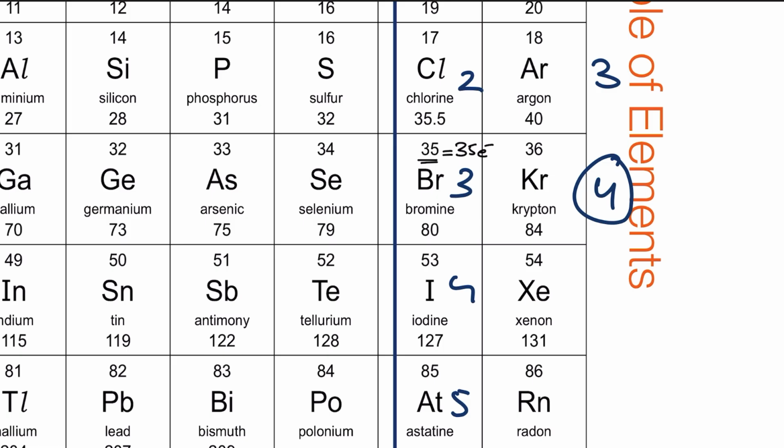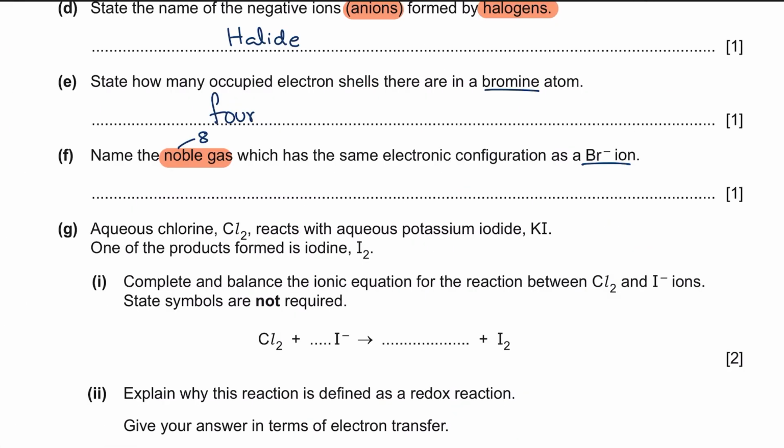If it was bromide, then the electrons would be 36, right? And krypton has 36 protons and 36 electrons. So the electronic configuration becomes equal to krypton's electronic configuration. So the bromide ion has the same electronic configuration as krypton. And again, they have said name the noble gas, so that's why I'm naming it rather than writing its symbol.